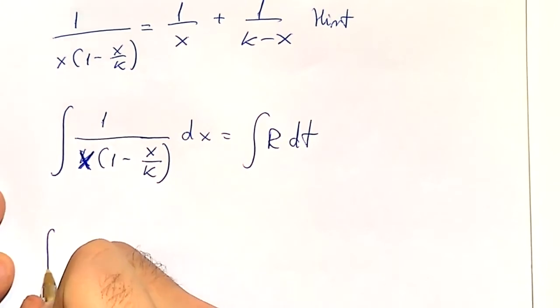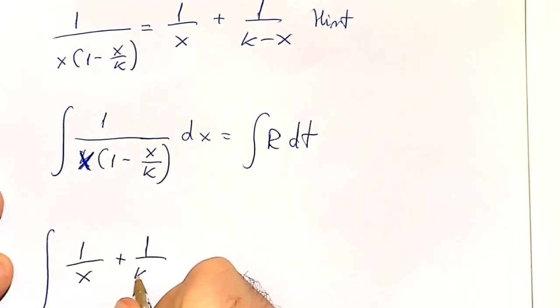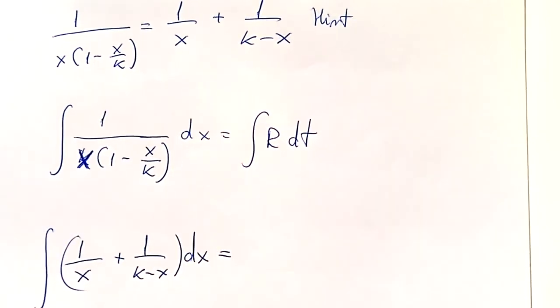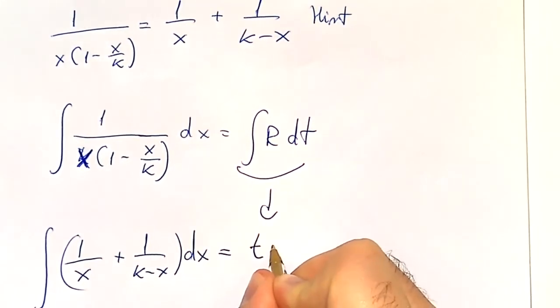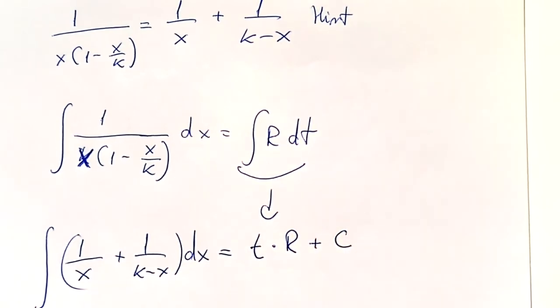So I just replace the integral of 1 over x plus 1 over (k - x), everything dx. And as I said, r is a constant, so what is this integral equal to? How do I get r? It's just t multiplied by r plus a constant.